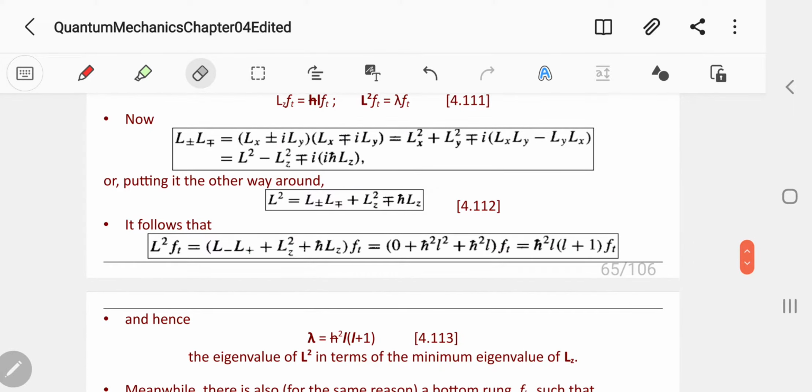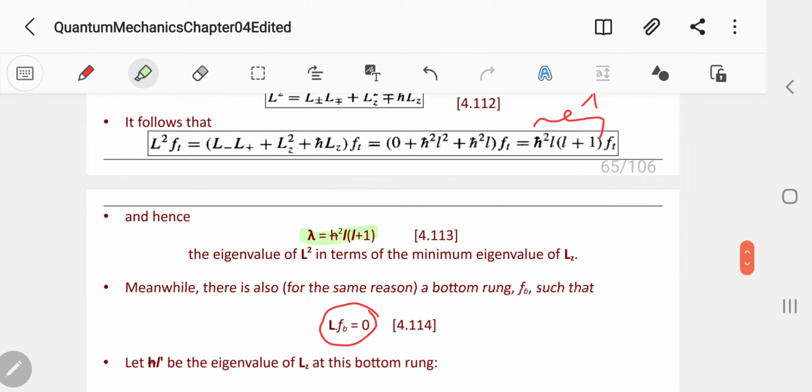So you have the eigenvalue here equal to ħ² L times L plus 1. This is lambda. Now, here it is, the lambda: ħ² L times L plus 1.